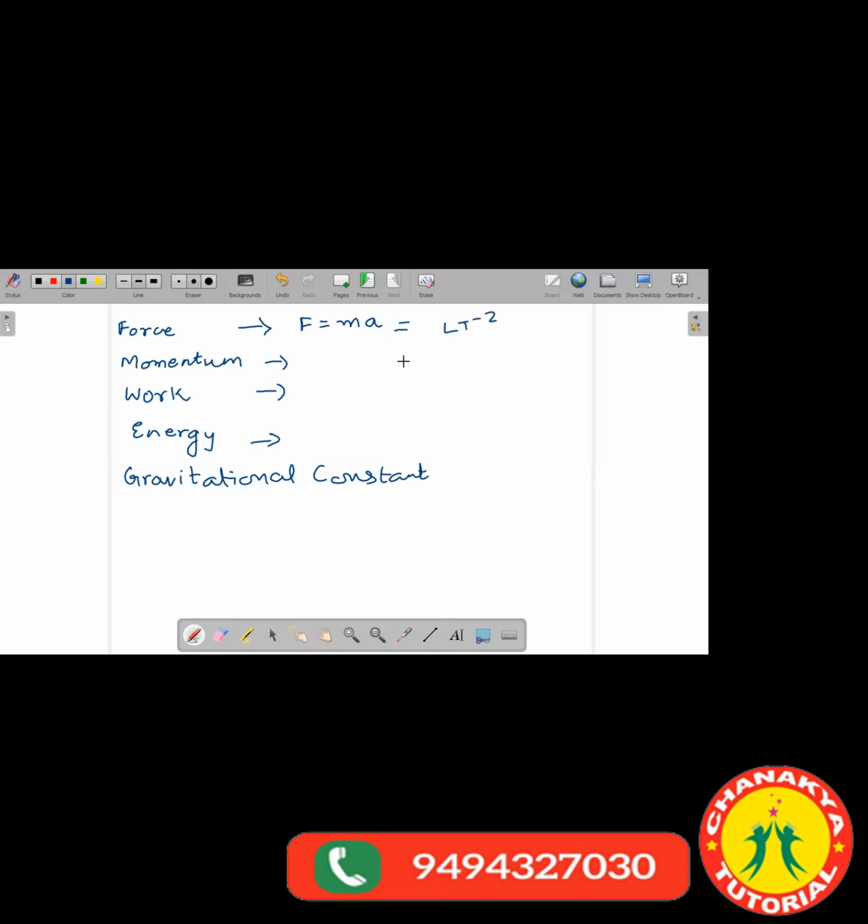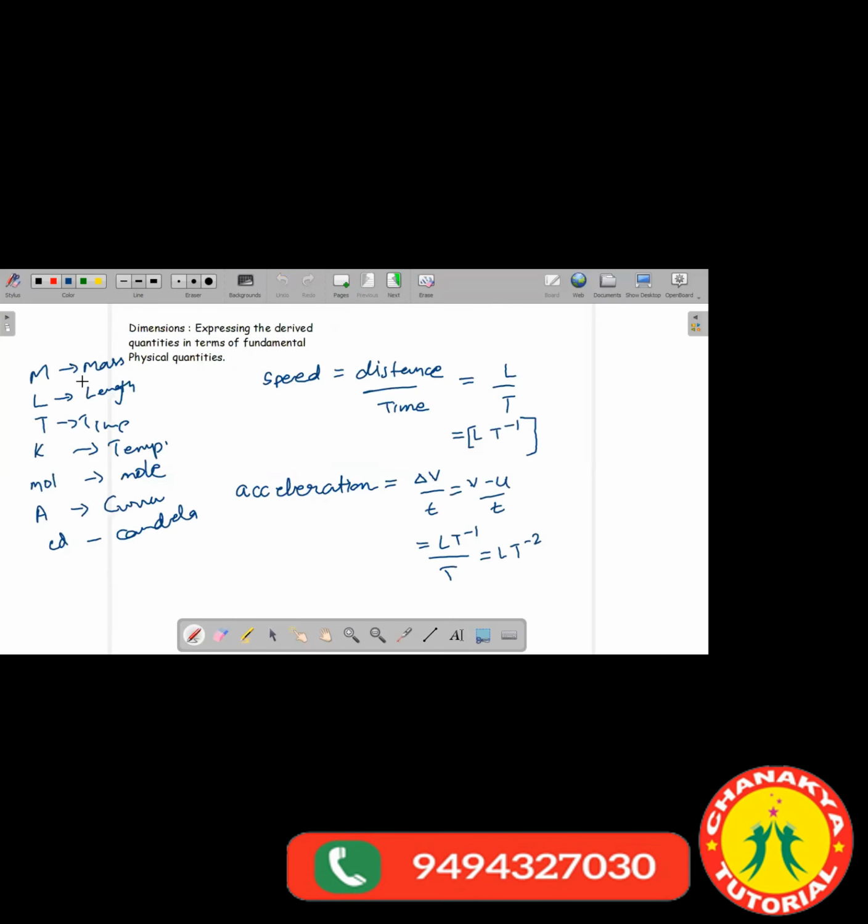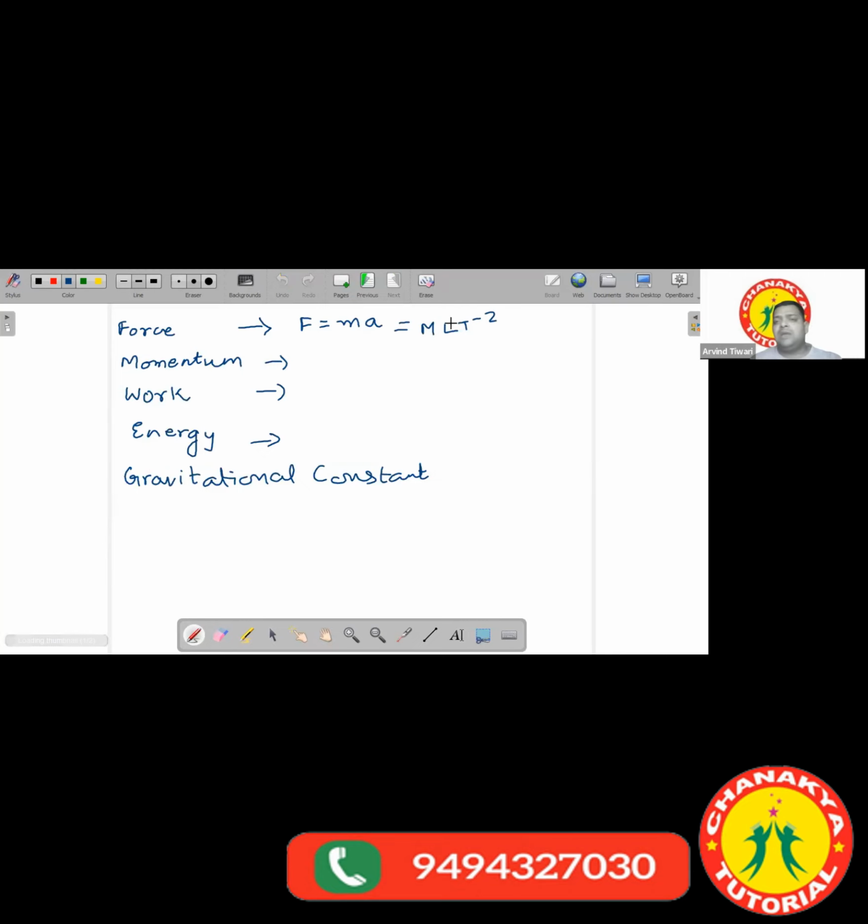And mass will be denoted by capital M. We have written M here. So the dimensions will be MLT minus 2, and they will be enclosed in square brackets. Okay. Similarly, quickly find out the dimensions of momentum and work also.